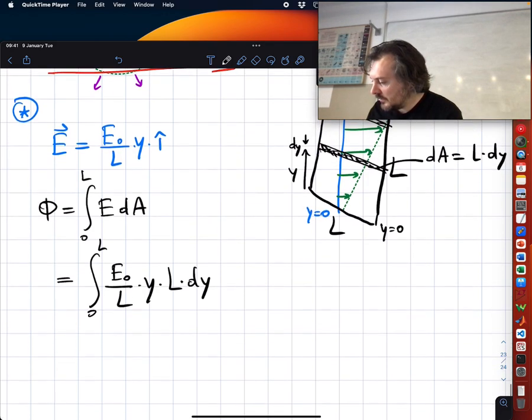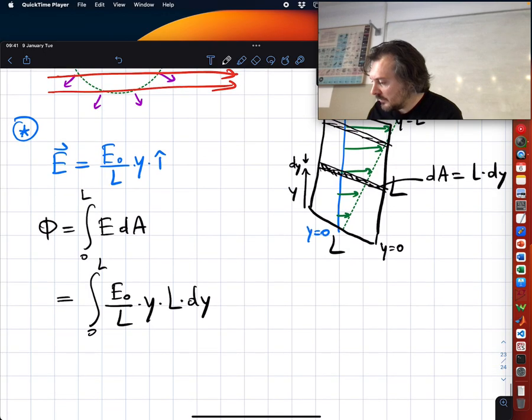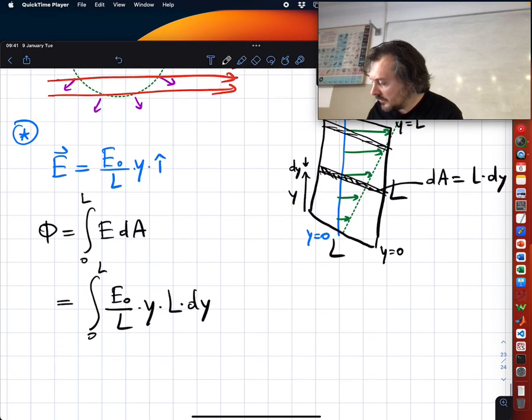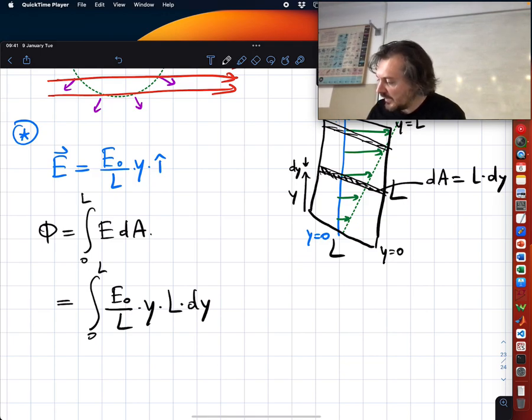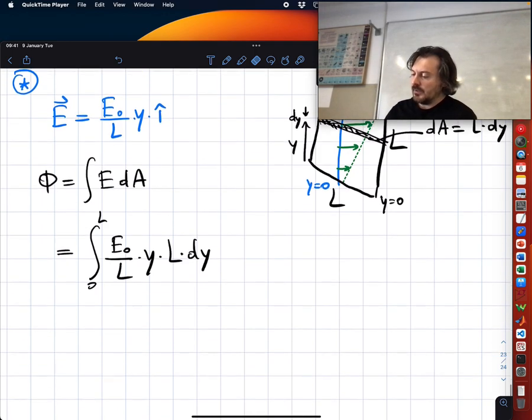If it is dA, it should be A. I don't get it. So I switched dA to L dy. But in the first integral, the upper index. Oh, yeah. It should be. Yes. Very good.